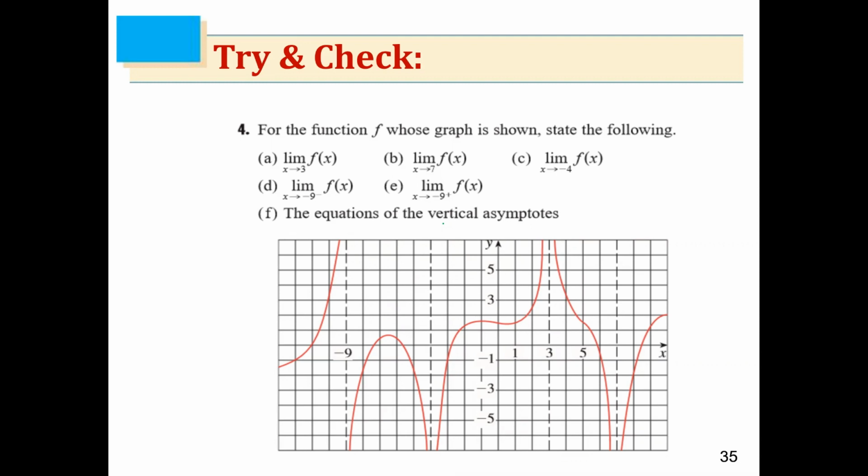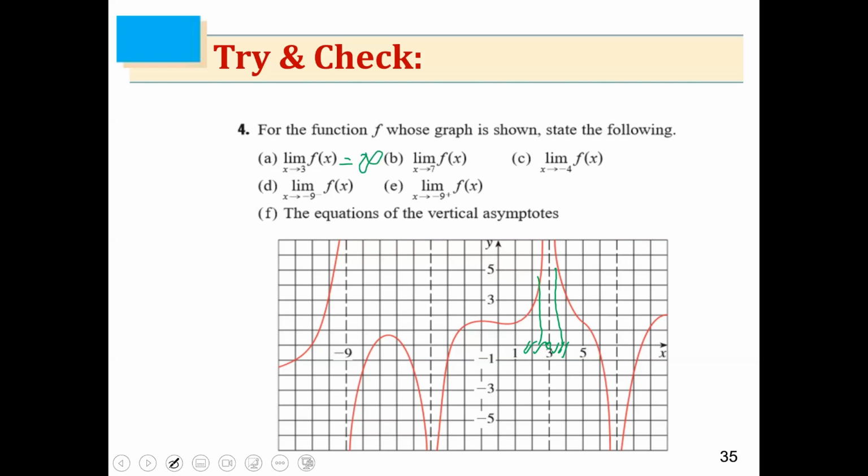Limit of f of x when x is approaching 3. Here we didn't specify right or left, so I have to see right and left to conclude the limit at 3. 3 is here, you see, and from the right, the graph is going to infinity. From the left, the graph is going to infinity. So the limit is equal to infinity.